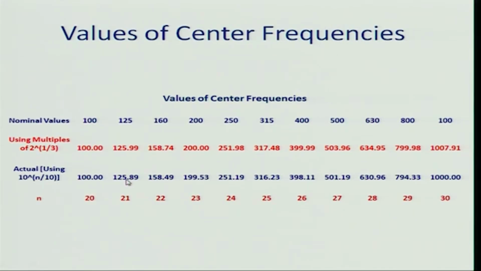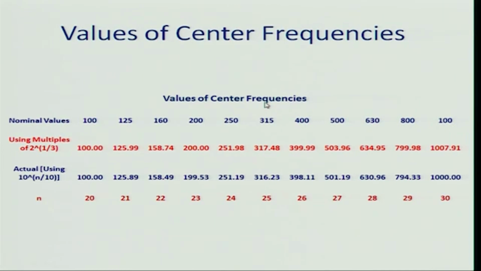So you basically put some nominal. So these are the exact values generated by ISO standard. And then ISO says, okay, you don't have to worry about 125.89 Hertz. You can be happy with 125. So these are the nominal values specified by ISO. So this is also in blue. Okay. So these are the values of center frequencies.